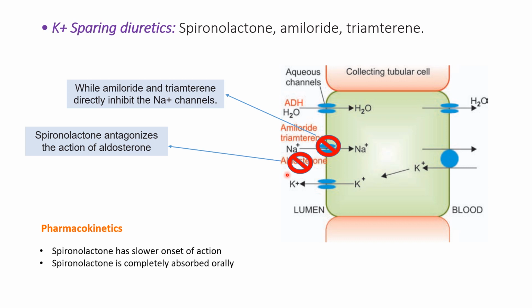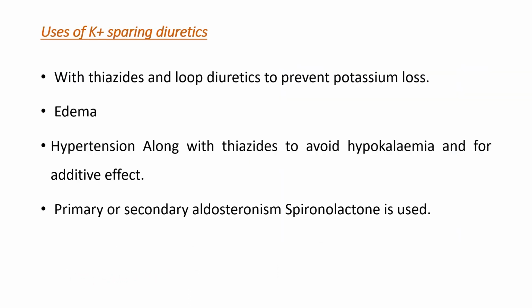Now pharmacokinetics. Spironolactone has a slower onset of action. Spironolactone is completely absorbed orally. Now uses of potassium sparing diuretics. They are used with thiazide and loop diuretics to prevent potassium loss, because this potassium sparing diuretic will spare the potassium ion.